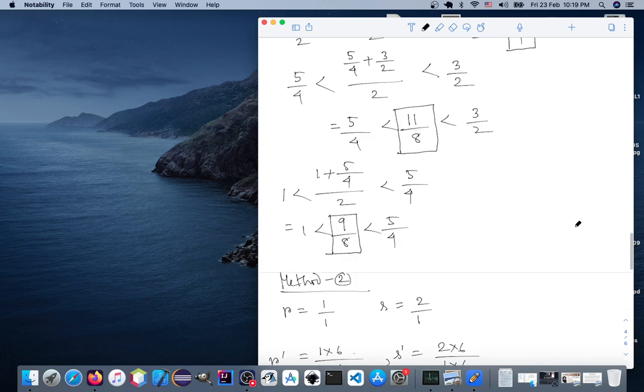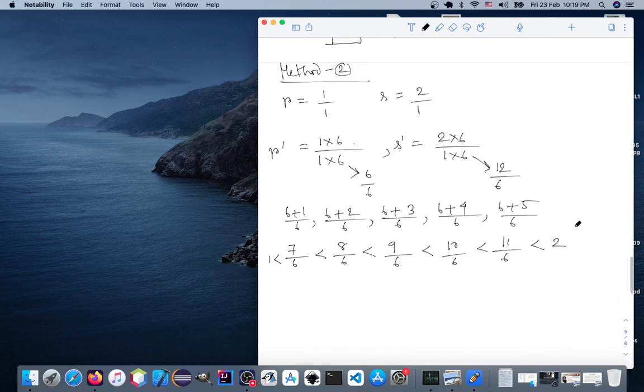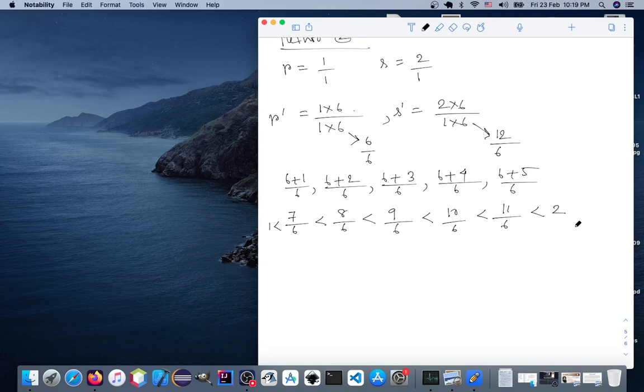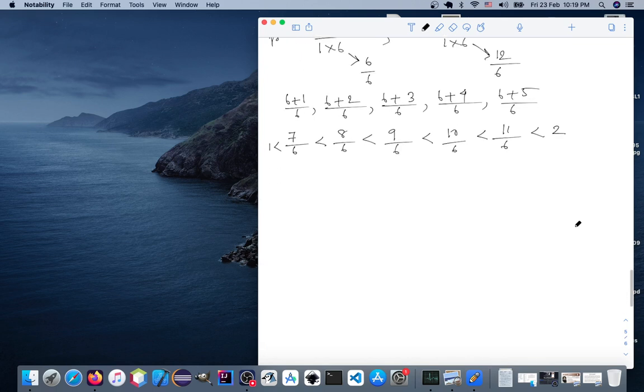Now, this was simple because R and S had the same denominator.